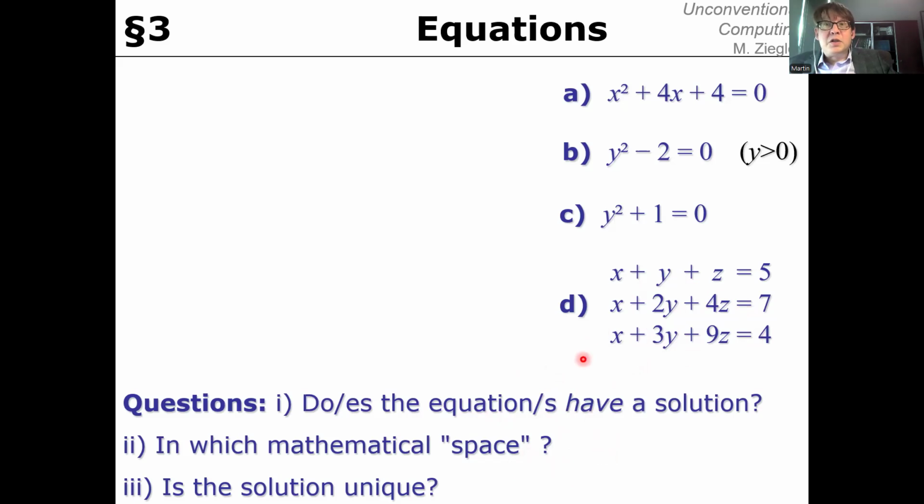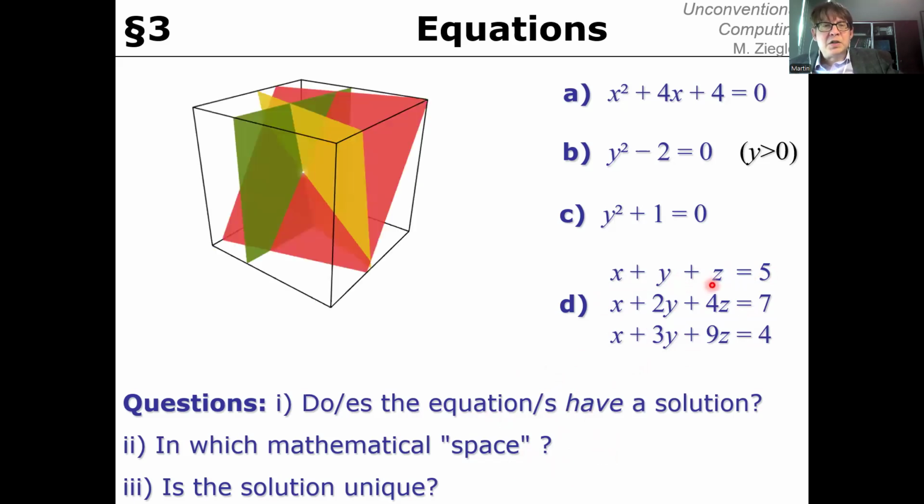The geometric picture may also be helpful. So each single equation defines a plane, an affine plane in three-dimensional space x, y, z. And so here's a picture of three planes. Maybe this corresponds to the red plane, the second equation corresponds to the yellow plane, and the third equation corresponds to the green plane.